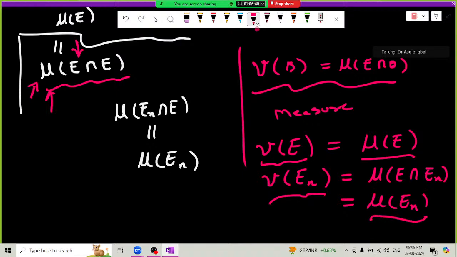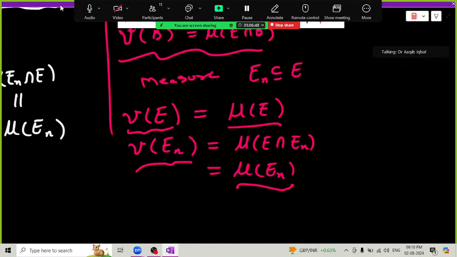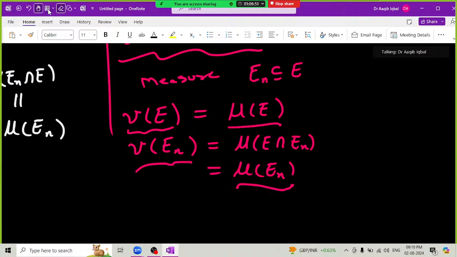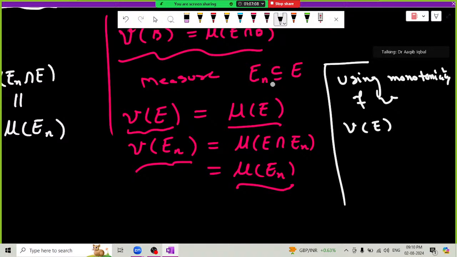Now since nu is a measure and En is contained in E, so it will follow what? It will follow, because nu is a measure, or measure is monotone. So using the monotonicity of nu, we can conclude that nu of E is greater or equal to nu of En.